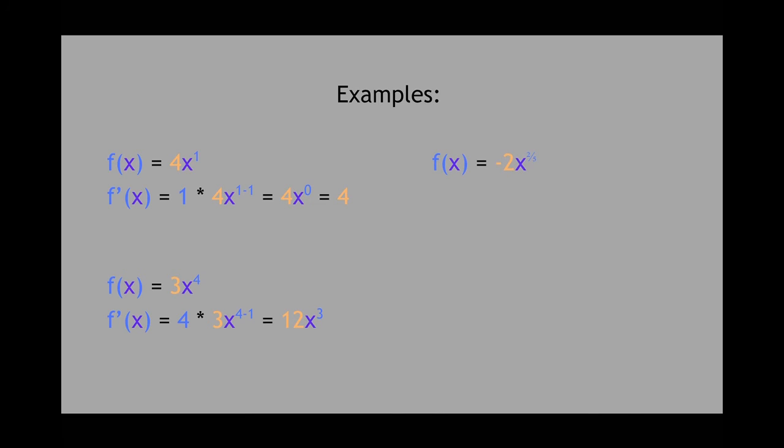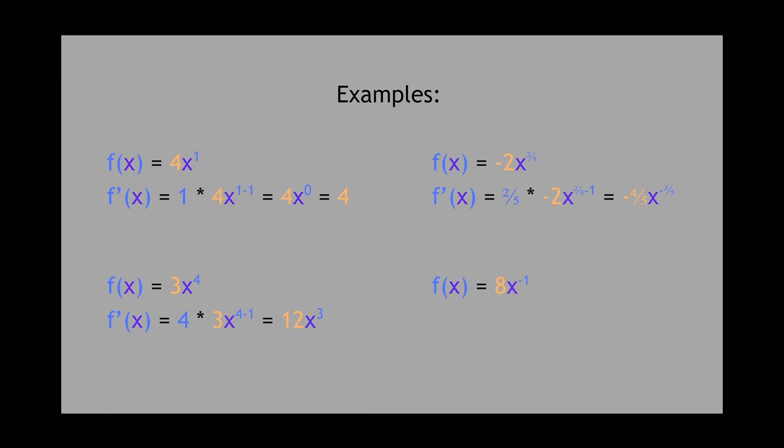An example of a power that's not a whole number, so a fraction, f of x is equal to negative 2x to the 2/5 power. F prime of x would be equal to 2/5 times negative 2x to the 2/5 minus 1, and you end up having negative 4/5 times x to the negative 3/5.